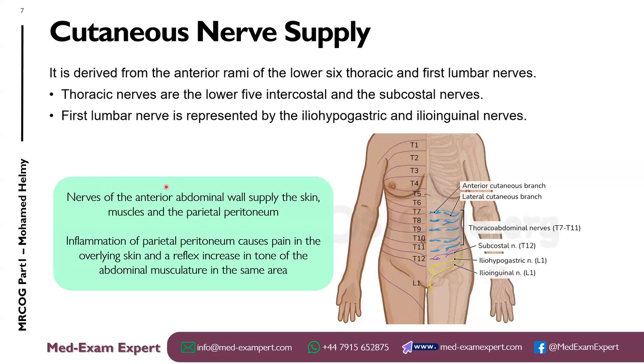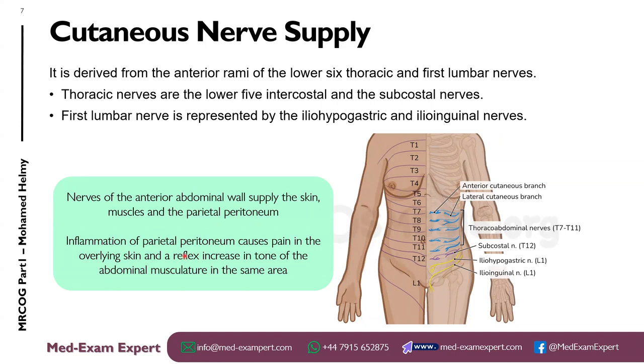The nerves of the anterior abdominal wall supply not only the skin, but also the muscles and the parietal peritoneum. So when we have an inflammation in the peritoneum, for example peritonitis, this is reflected on the skin and the muscles.